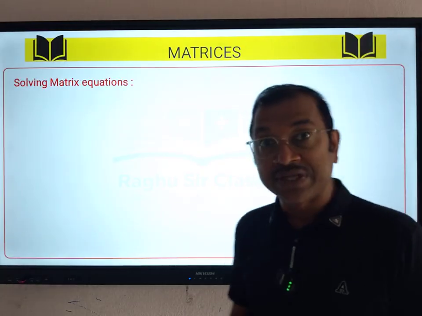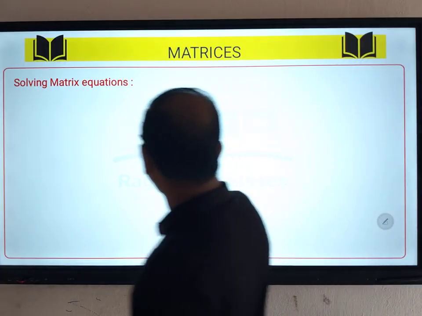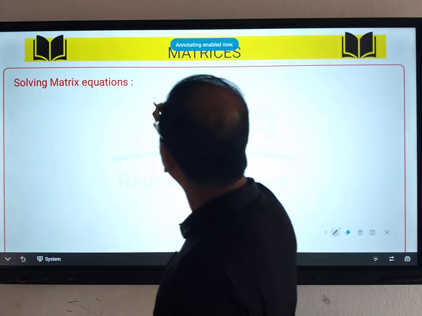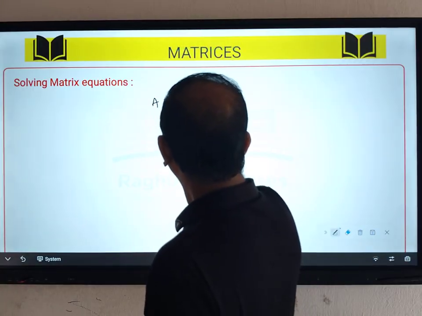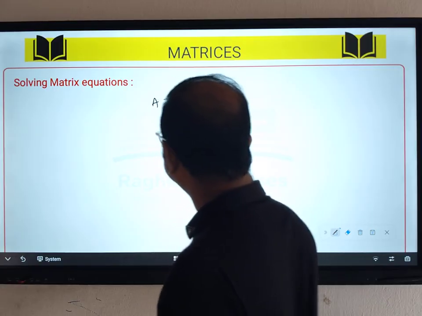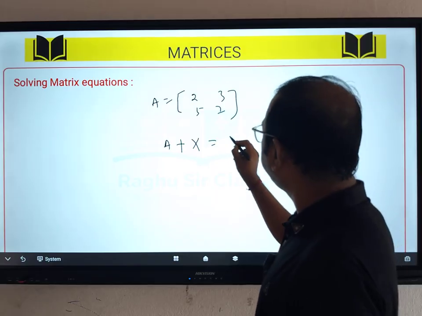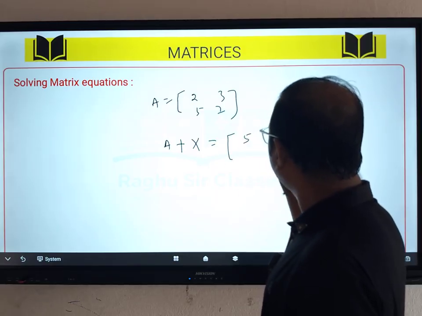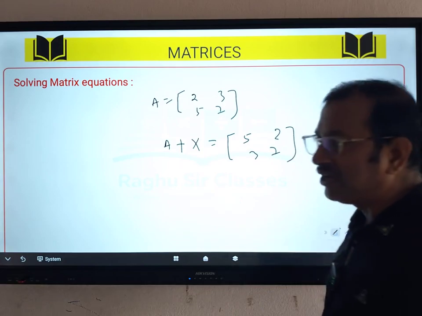Solving the matrix equation. Suppose A is a matrix 2, 3, 5, 7, and A plus X, another matrix, is given as 5, 2, 3, 7. How can you find the value of X?